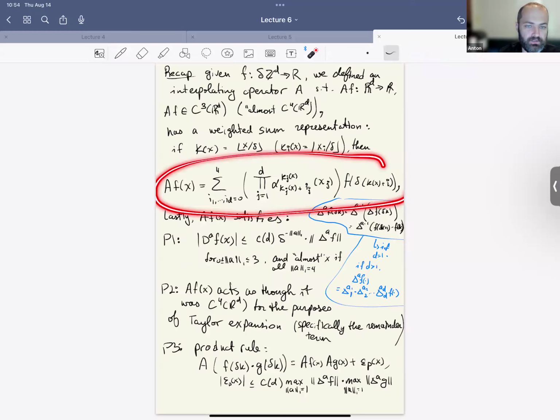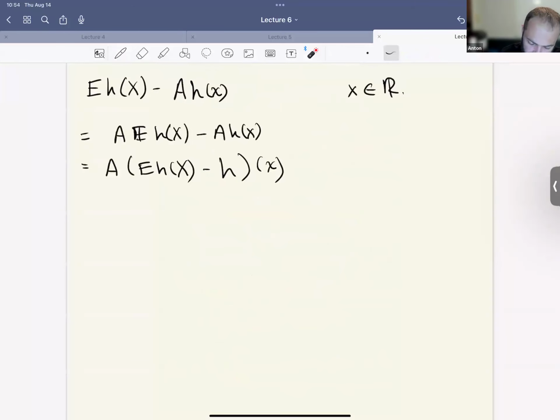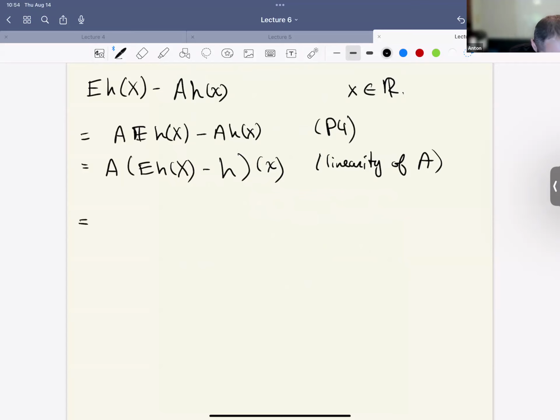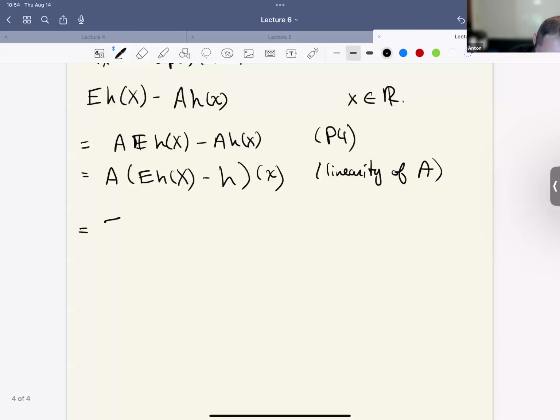This is a linear functional. Basically it's a weighted sum of functions. So A is a linear operator. Linearity of A, and this is really property number 4 that we've used in the first equality. Now we're using, and all of this is in dimension 1, so the notation is not going to be so bad, the weighted sum representation.